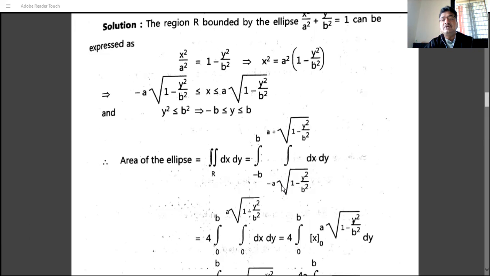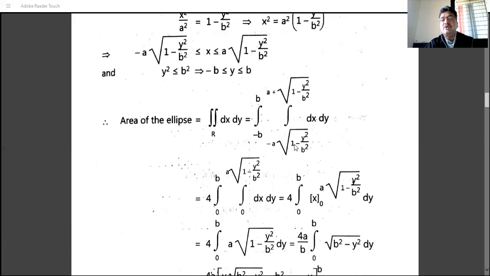Okay, so the limit of x is from minus a root of this to plus a root of this, and the limit of y is from minus b to b. Now x is in terms of y, so we have to integrate with respect to x first.